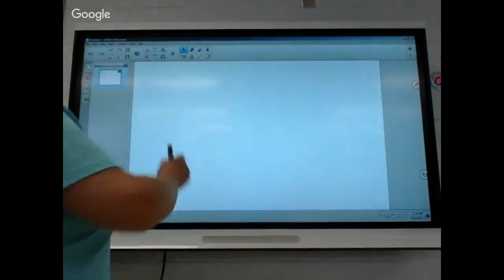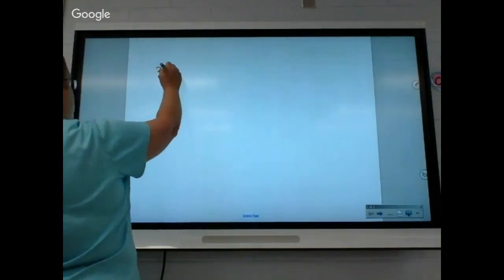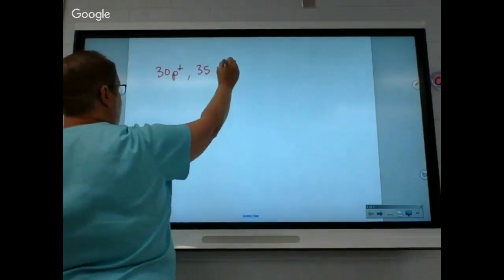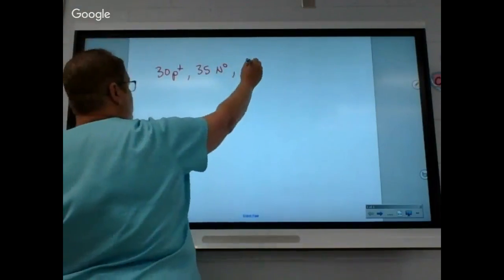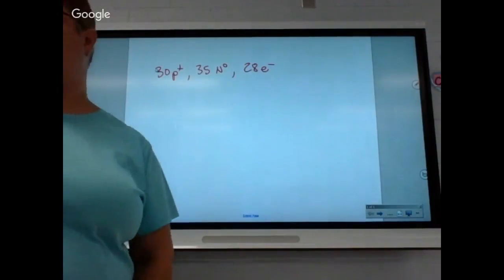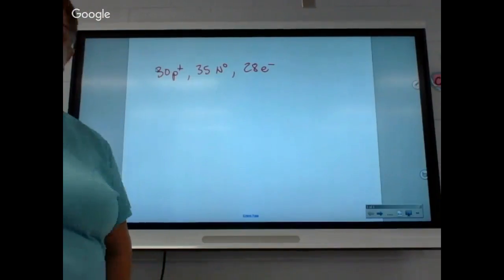All right, so if we look at question number 7, you had 30 protons, 35 neutrons, and 28 electrons. So when you go to write this, what tells us the element, Isabel? The protons.